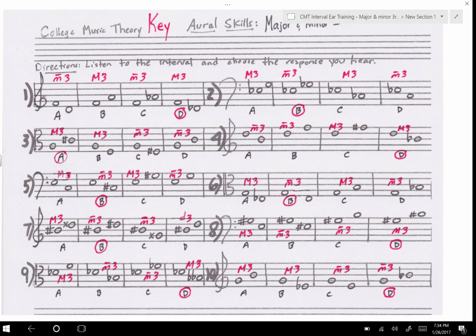So 1A is a minor third descending, which sounds like do, la, do, la. It could also sound like sol, mi. The correct answer, 1D, is a major third, which sounds more like mi, do.